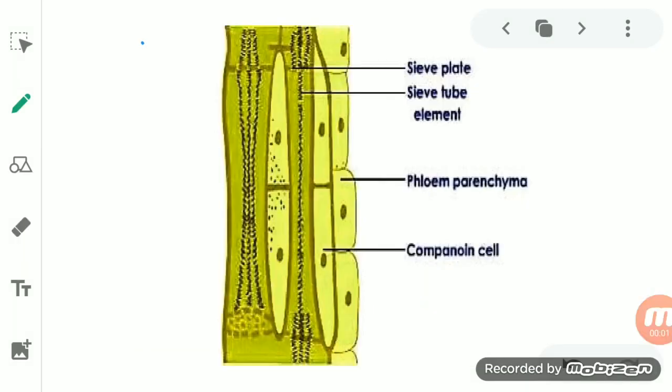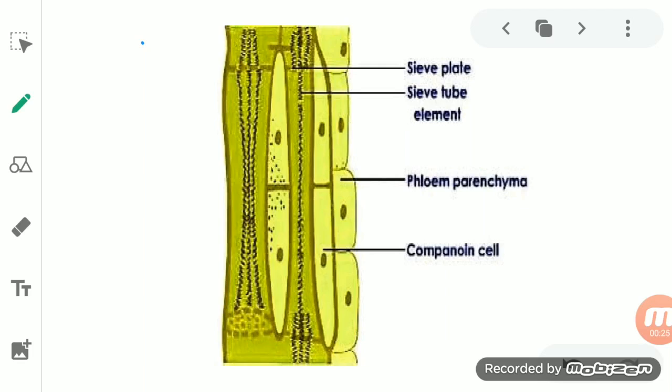Okay. Now today we will start with another complex permanent tissue, and that is phloem. So phloem is the second complex permanent tissue. Again students, I'm repeating that we use the term complex tissue because in a complex tissue two or more different types of cells are present.